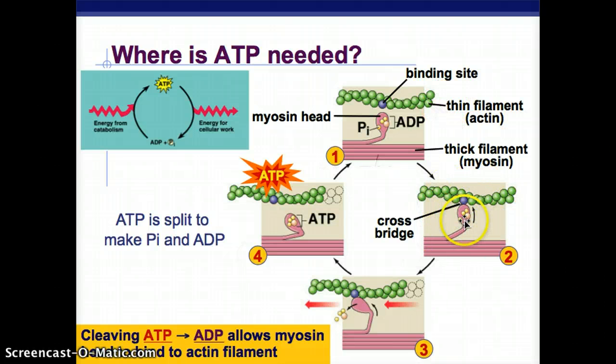Then as it makes this cross bridge, the actin binding site causes this to form ATP, and it gives it off and makes the head tilt, and so it pushes the actin this way, and so it makes that bare area in the center of the sarcomere shorter.